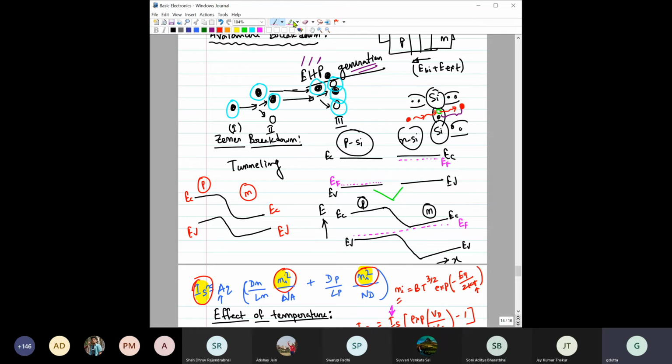But what you can see in addition is that in this EV there are a huge amount of holes and a huge amount of electrons in the valence band, which we have already discussed. And on this side, in this EC, the amount of electrons is a bit less compared to the valence band, because the valence band has a huge amount of electrons.